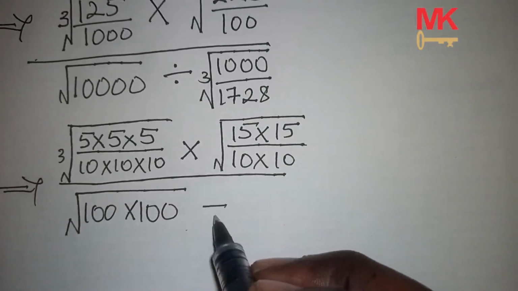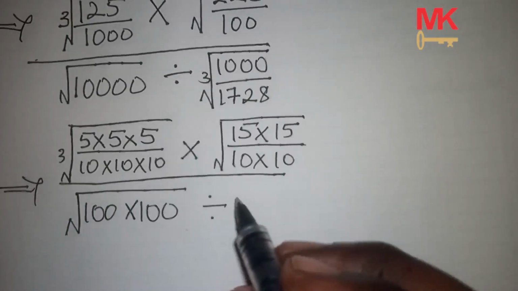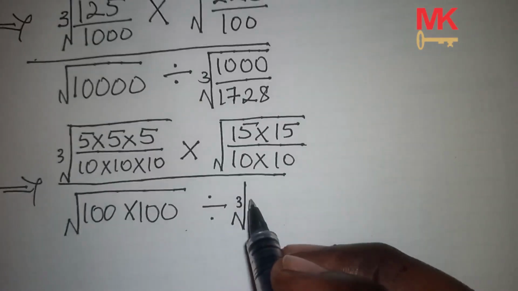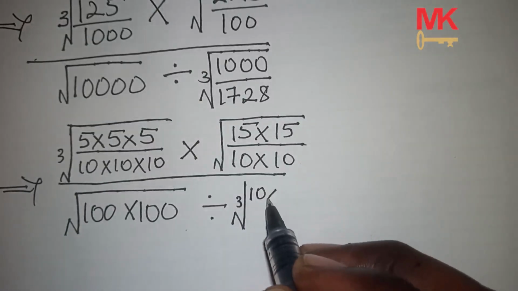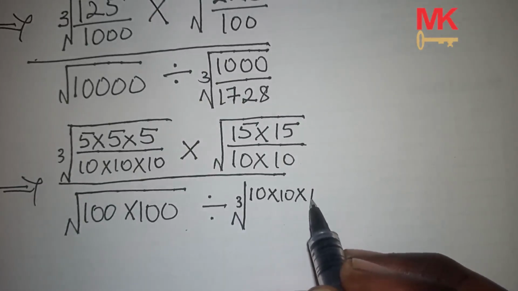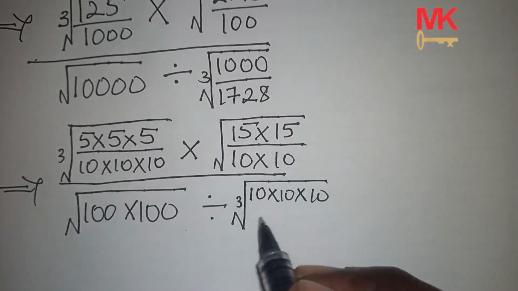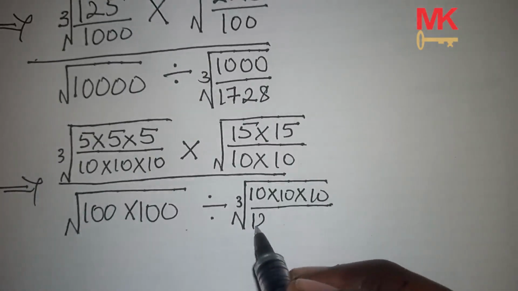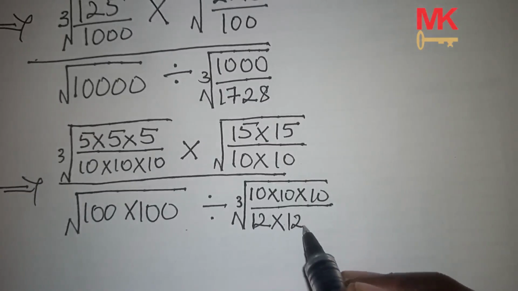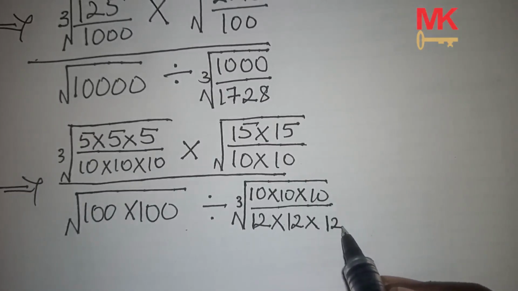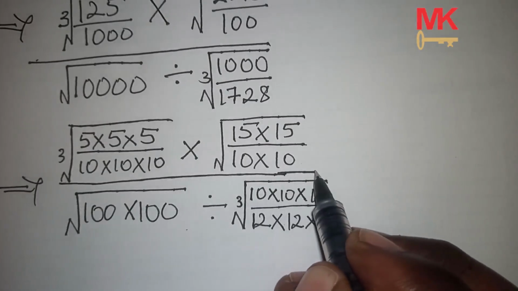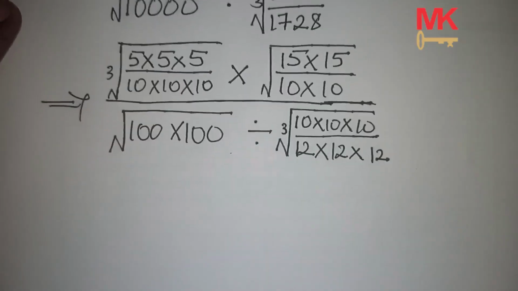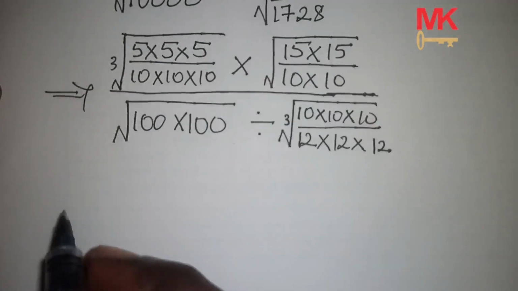And then we keep that cube root of 1000 coming from 10, that's 10 times 10 times 10, divided by 1728, which will be given by 12 times 12 times 12. So we'll extend our line of division. Okay, so right about now you can see that we are getting set.